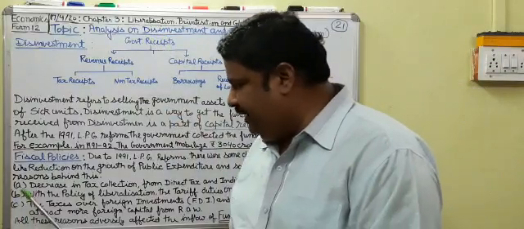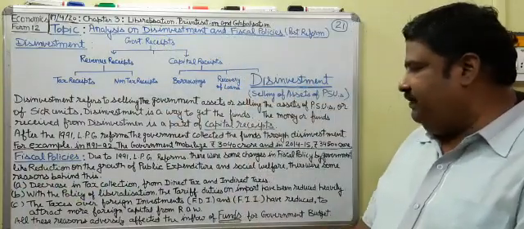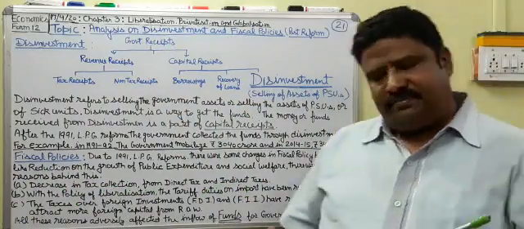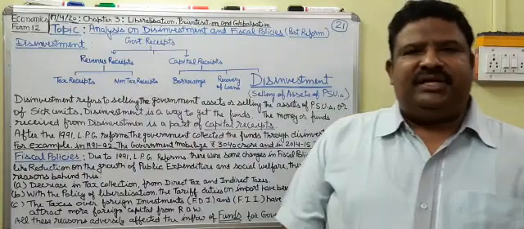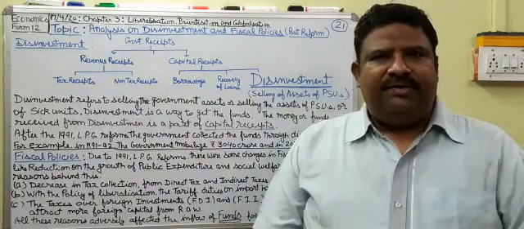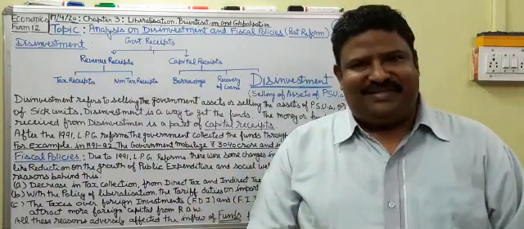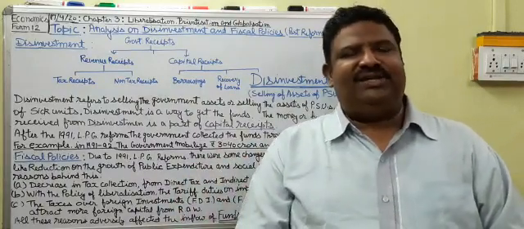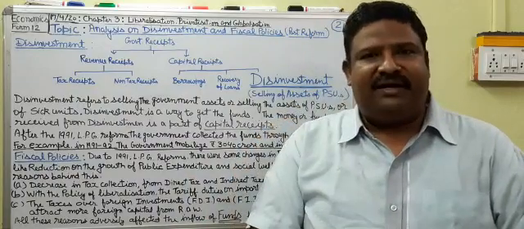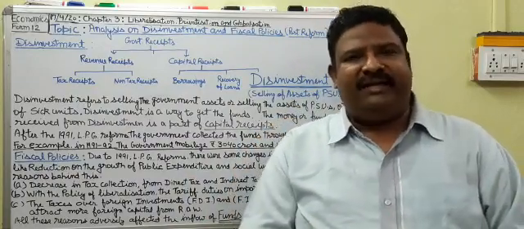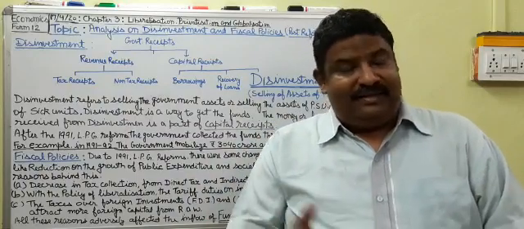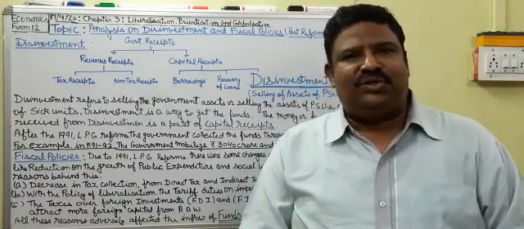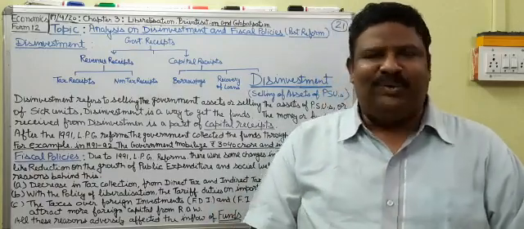Point B, with the policy of liberalization, the tariff duties on imports have been reduced heavily. Naturally, with liberalization, we opened our economy to world-class companies. And there was pressure from international financial institutions and developed countries to reduce tariff barriers and non-tariff barriers. Tariff barriers or import duty is one of the important resources to increase government revenue.